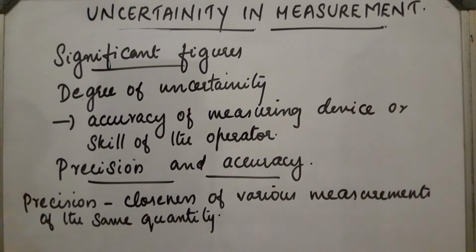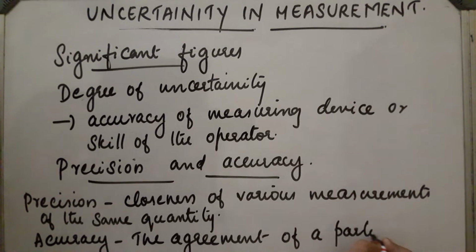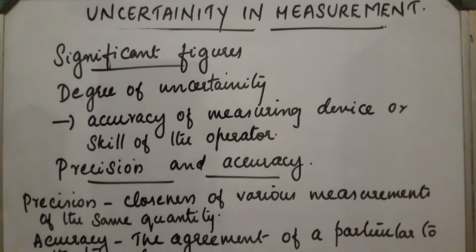Now what do we mean by accuracy? Accuracy means the agreement of a particular value to the true value. Or we can say how close the values obtained are to the true value.